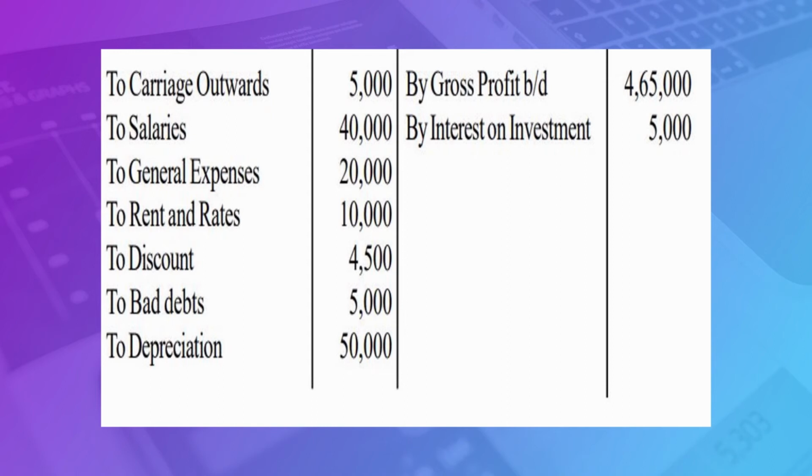To rent and taxes given in the trial balance 10,000. To discount allowed. So, if we have given any discount to our debtors, that is an expense for the business, therefore, it will be recorded in the debit side of profit and loss account. To bad debts 5,000 rupees, it means this is a loss for the business and any loss for the business will be recorded in the debit side of profit and loss account.